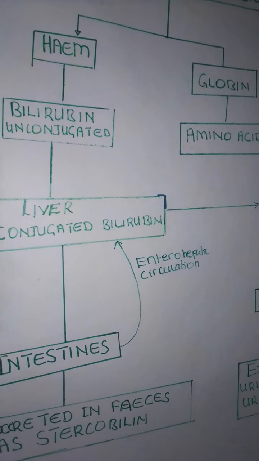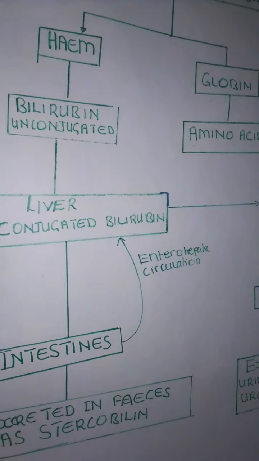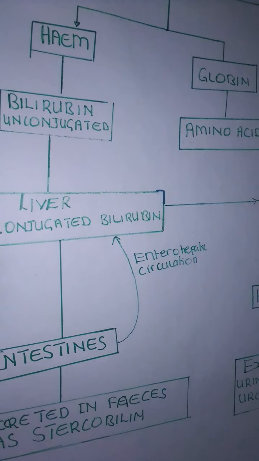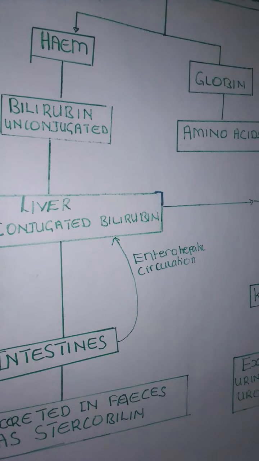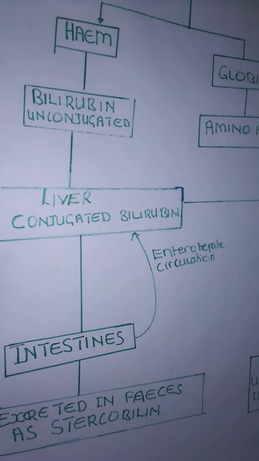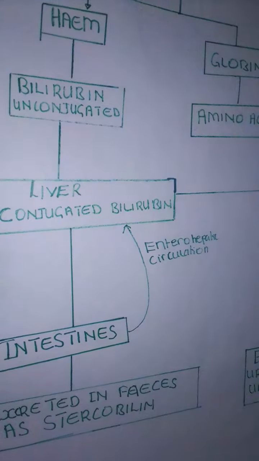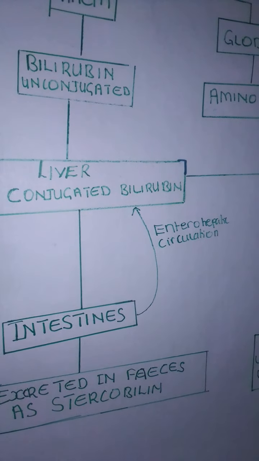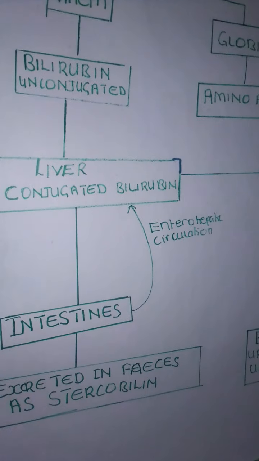This is unconjugated bilirubin. It is taken to the liver through the blood vessels, where conjugation of bilirubin takes place.